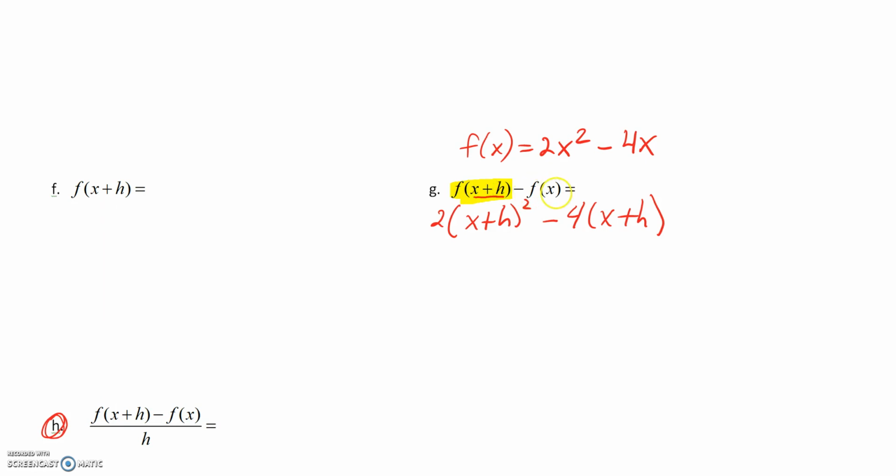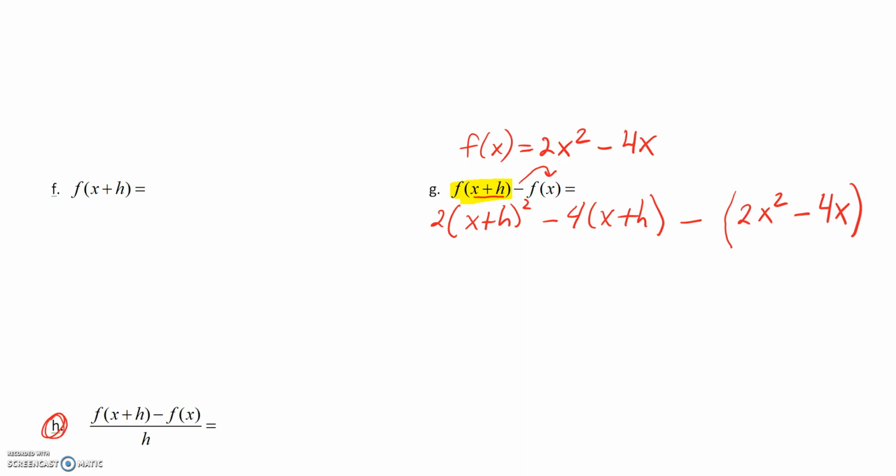Now I have to take away the function, which is already given to us. I'm going to put it in parentheses, because I'm subtracting the entire function, so this negative is going to be distributed to the entire function: 2x squared, subtract 4x.